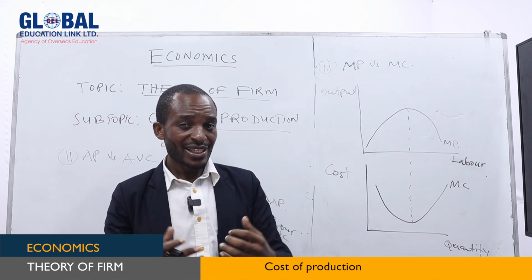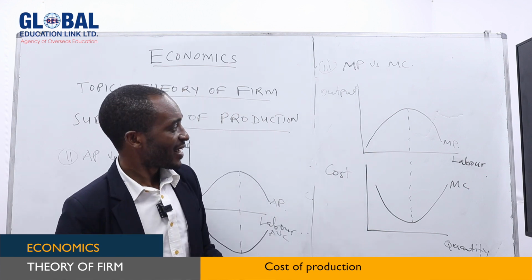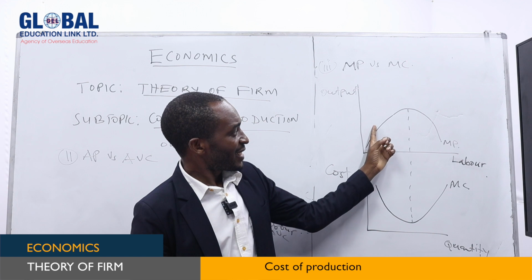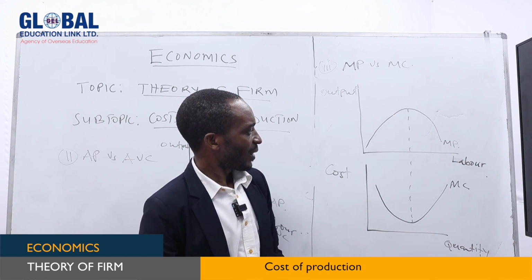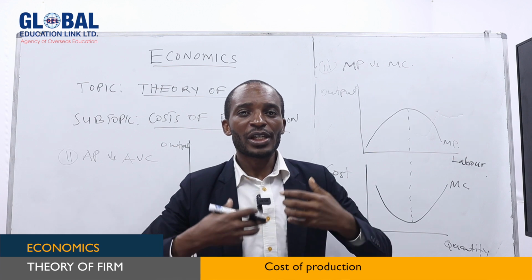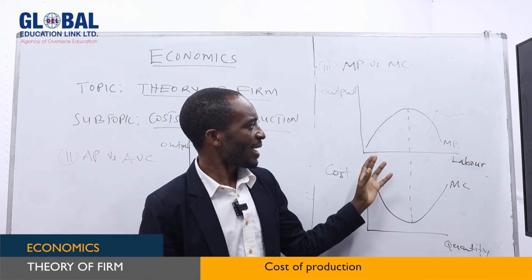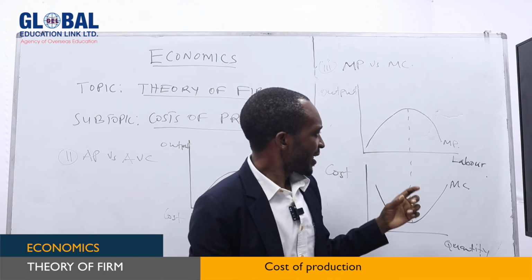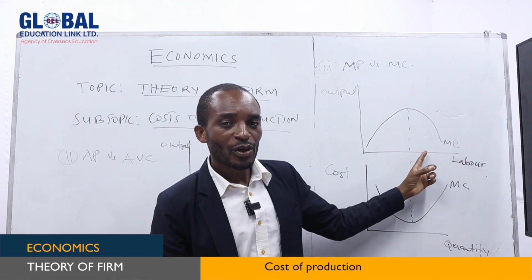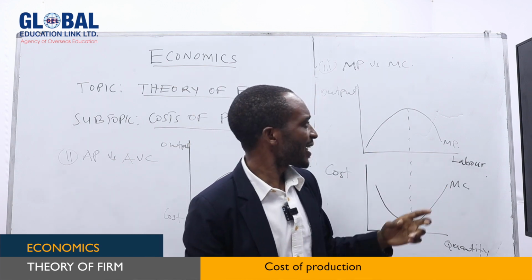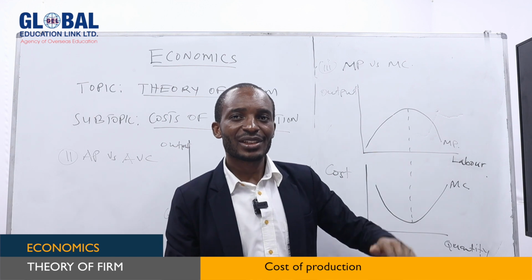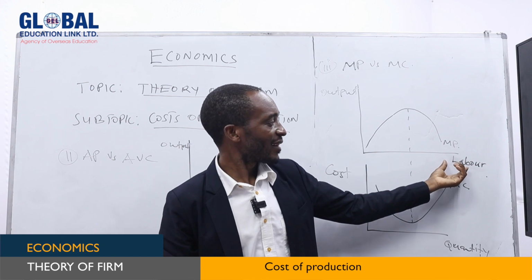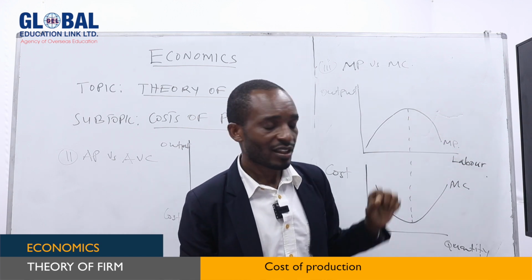Now, as a businessman or owner of a business, you can decide: if the marginal product or the additional output is increasing, there is an advantage in employing more units of labor, since the additional output is increasing. When you add more units of labor or inputs and the marginal product starts to decline or goes negative, you need to stop or reduce this in order to avoid making a loss.